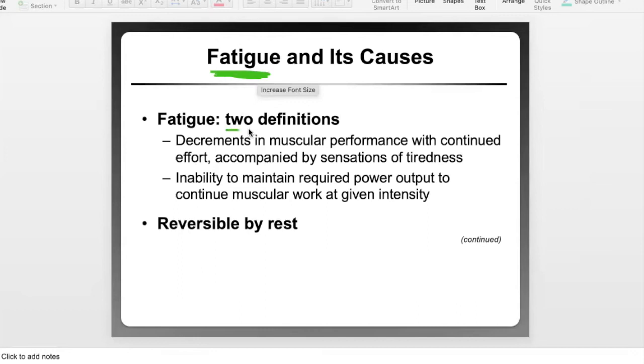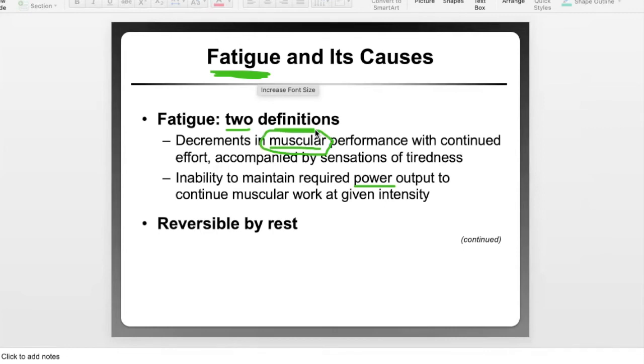So there are two kinds of definitions of fatigue. Number one is muscularly related, and another one is power or energy related. So it could be that your muscles are deteriorated, or it could be that your brain is tired.